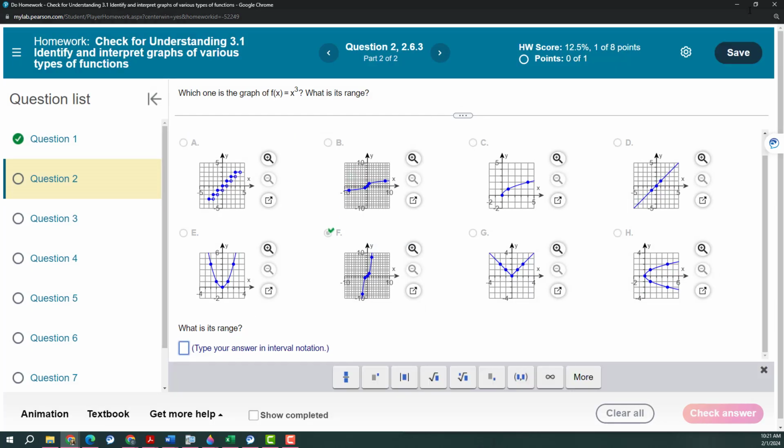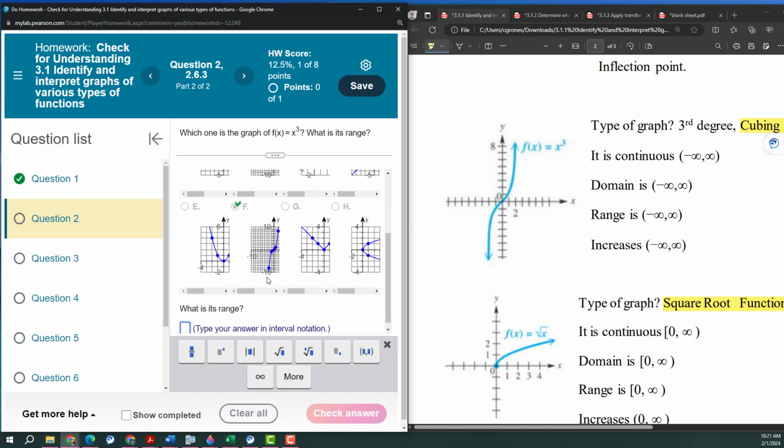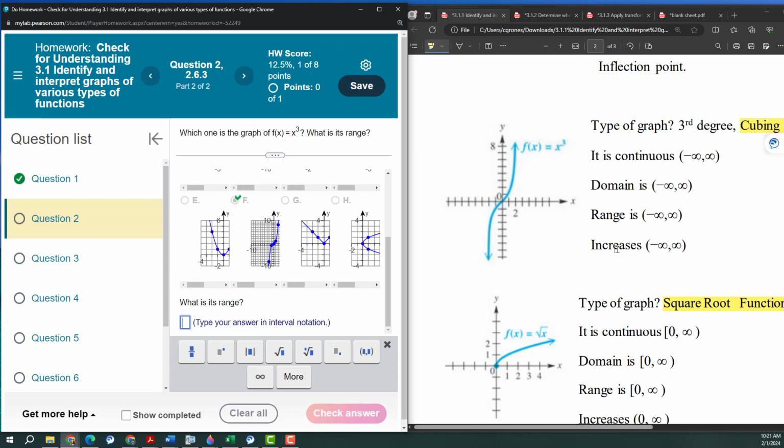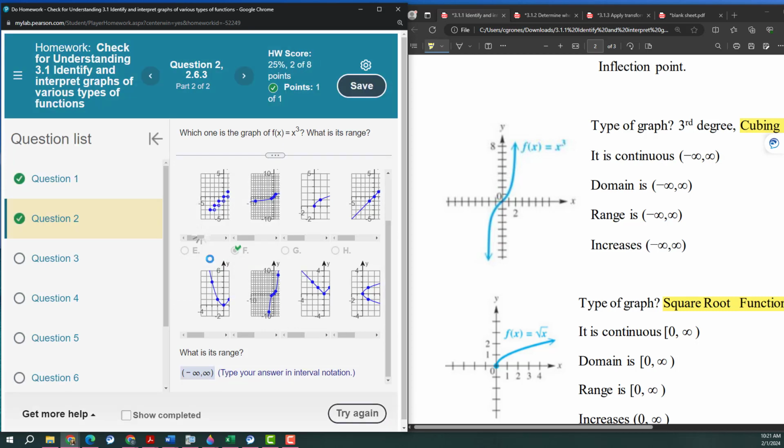And then our range is negative infinity to infinity. If you can't tell that this is going on and on and on in the y's, then use your notes. So I've got negative infinity to infinity, and I'm actually going to copy this. That way I can just paste it. All right.